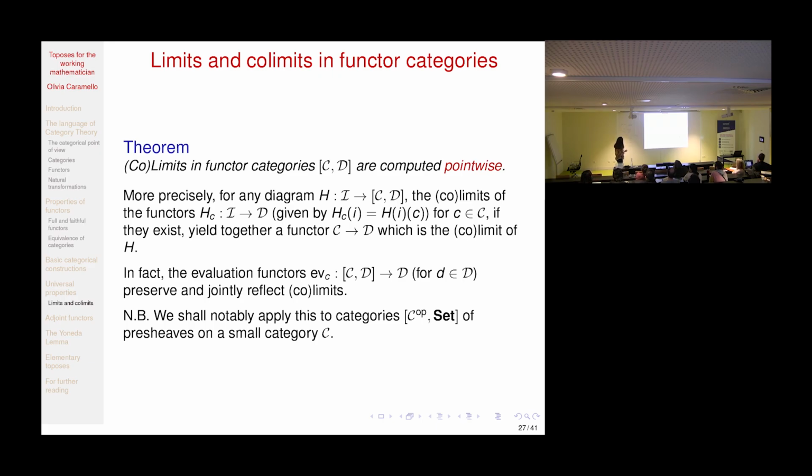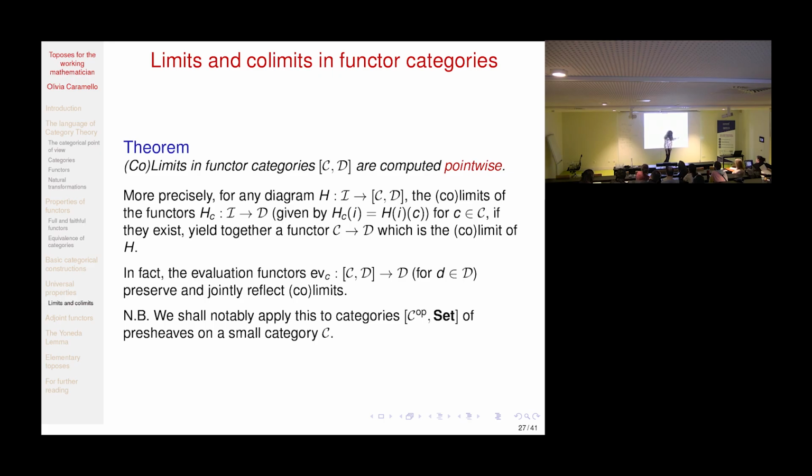So this works for limits as well as colimits, of course. Again, it's an abstract result that is stable under dualization. We will be particularly concerned with categories of this kind.